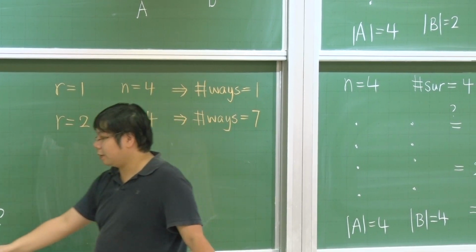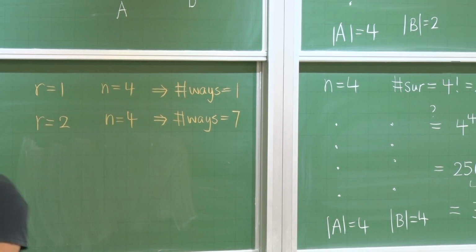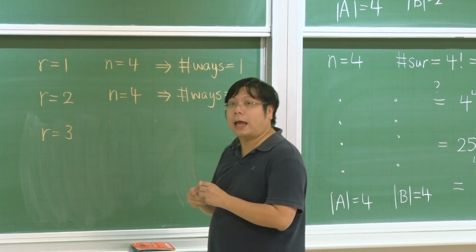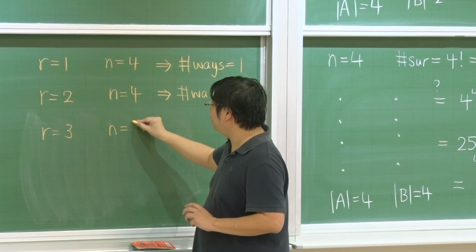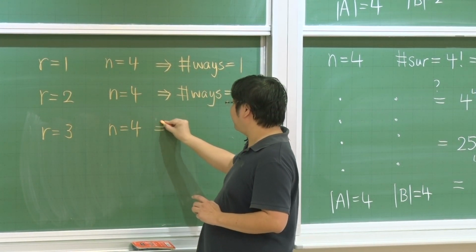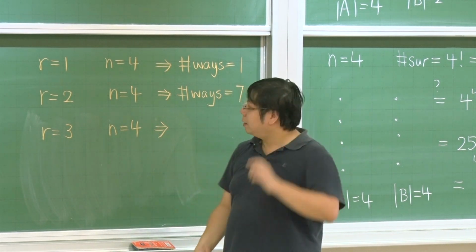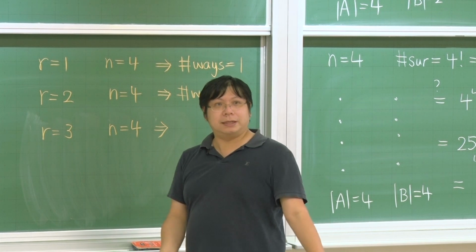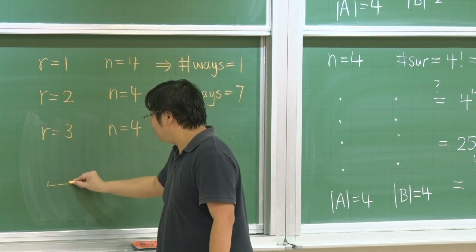Let's do one more. Okay, so this time, let us try r is equal to 3 and n is equal to 4. So we count the number of ways of putting 4 balls into 3 boxes. Now, it looks more complicated, but it is not.